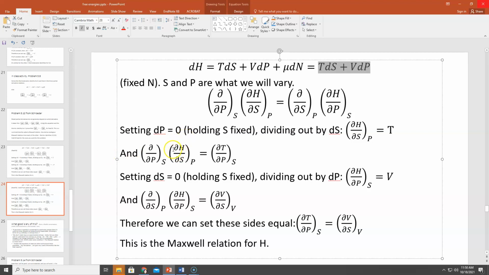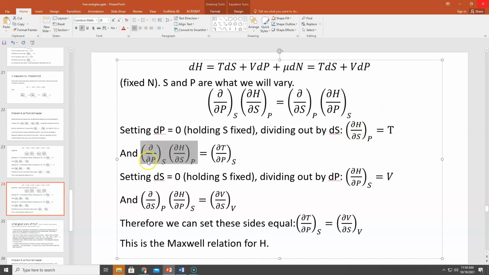So that means that if P is constant, this second term goes to 0, right? And we're just left with dH is TdS. So if you divide both sides by dS, then dH/dS is equal to T. So the partial of H with respect to S, holding P and n constant, is equal to T, okay?